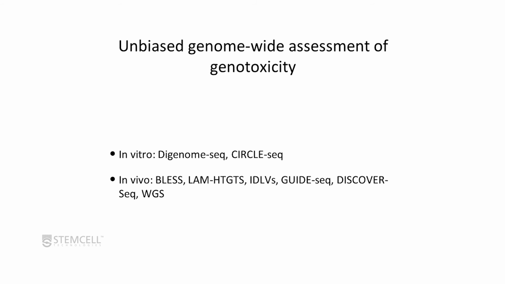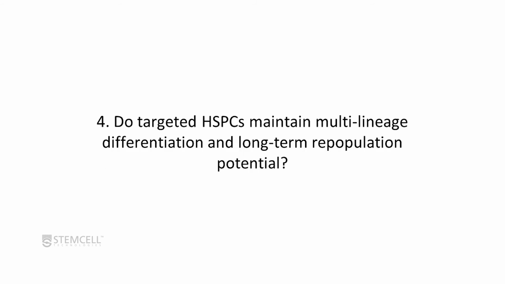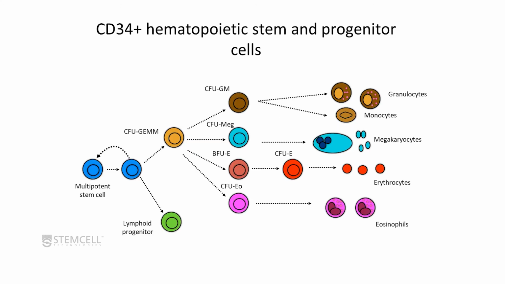And if you're trying to design a long-term, hopefully one-time therapy, you want to target a long-term repopulating stem cell, and you want to make sure that after the modifications, these cells retain the ability to self-renew and differentiate into multiple lineages. The schematic is supposed to remind you of the structure of the hematopoietic compartment.